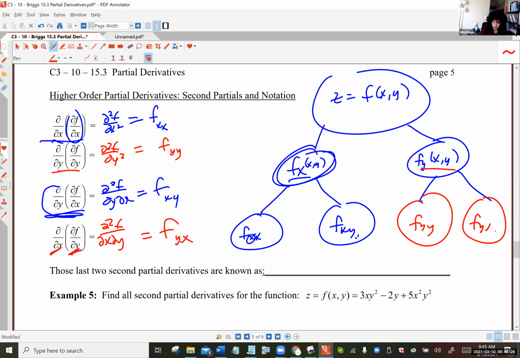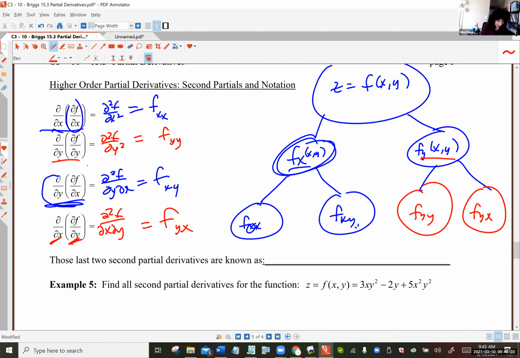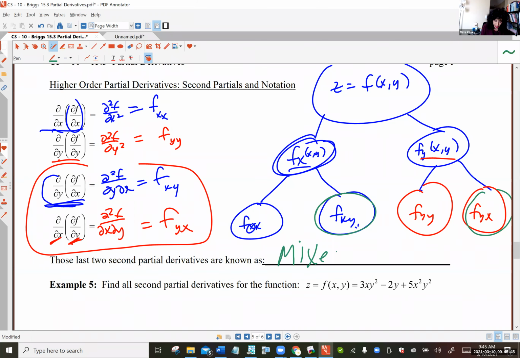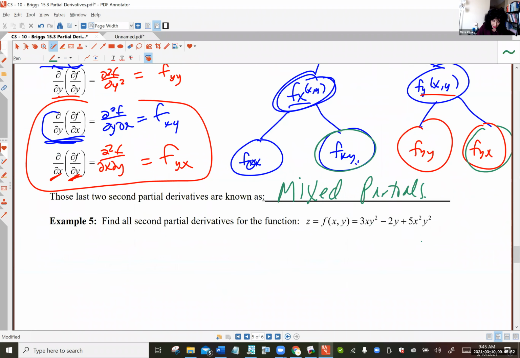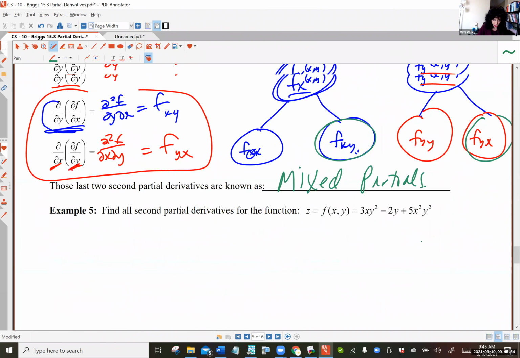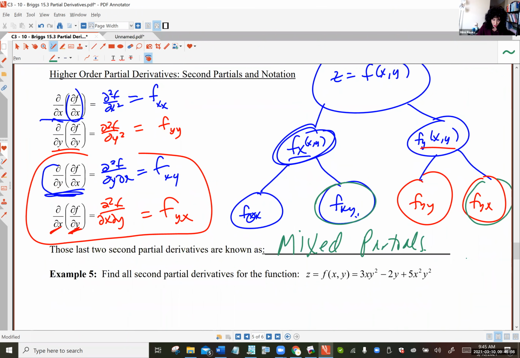Those are subscripts. Now these last two second partials, fxy and fyx, have a special name. They're called mixed partials because they're a mixture, half x, half y. So there's your second partials with the notation and why you have 4 of them.